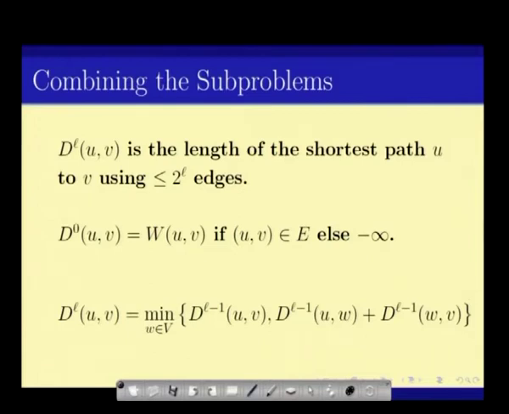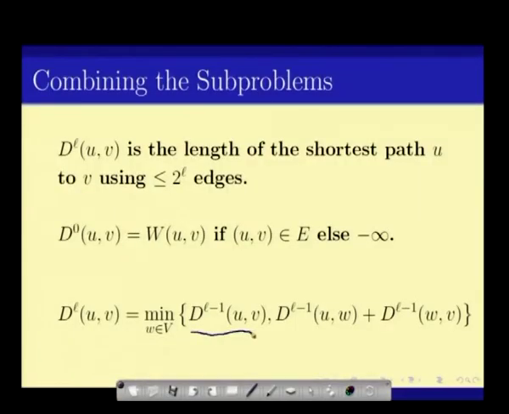Now, here is the beautiful thing. I have defined d_L(u,v), and we can see that if we want to calculate d_L(u,v), what is it? It is the shortest path of length 2 to the power L. Either the shortest path is of length less than or equal to 2 to the power L minus 1, so that would be d_{L-1}(u,v), and we have no worry about it, or the shortest path from u to v of length less than 2 to the power L might be more than 2 to the power L minus 1.